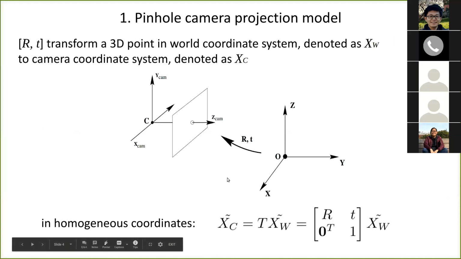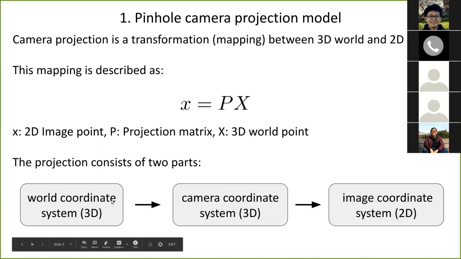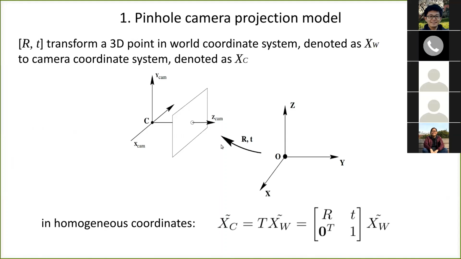So first we'll talk about this part, the world coordinate system in 3D, and then the transformation to the camera coordinate system in 3D. So this is a 3D linear transformation. We want to express this transformation by two components. The first one is the rotation, and the second one is the translation.